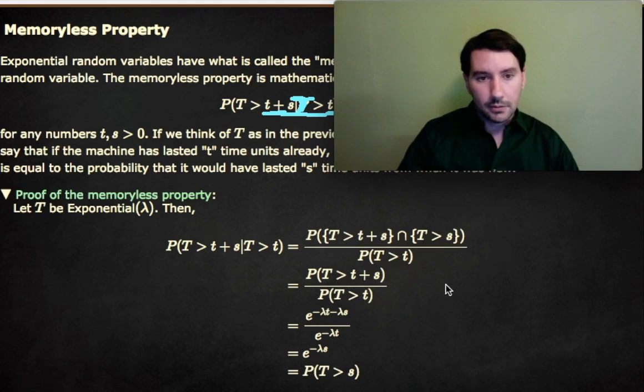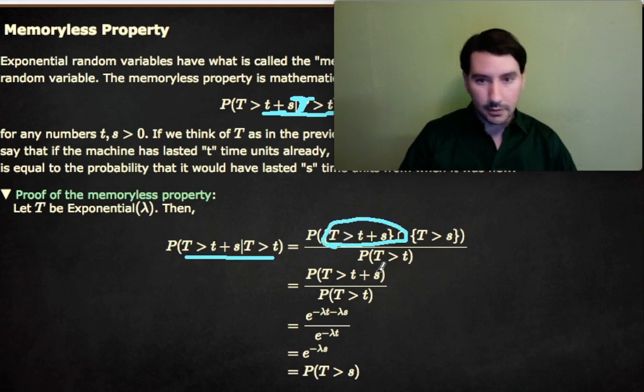And this can be shown just algebraically. So the probability T is bigger than t plus s, given it's bigger than t, is the probability that T is bigger than t plus s and it's bigger than t, divided by the probability it's bigger than t. Well, if T is bigger than t plus s and it's bigger than t, that's the same thing as just saying it's bigger than t plus s. So this is the probability T is bigger than t plus s divided by the probability it's bigger than t.